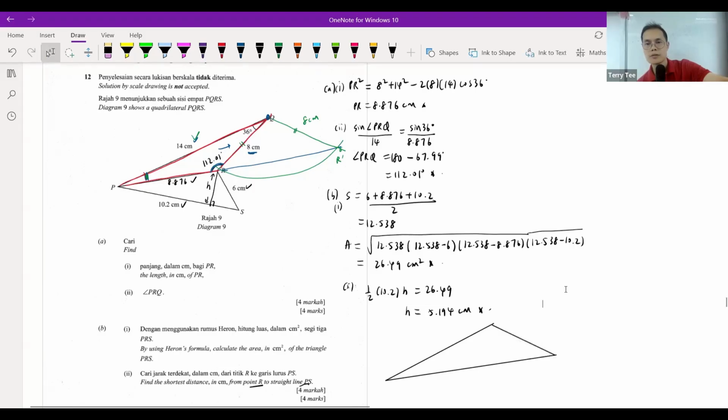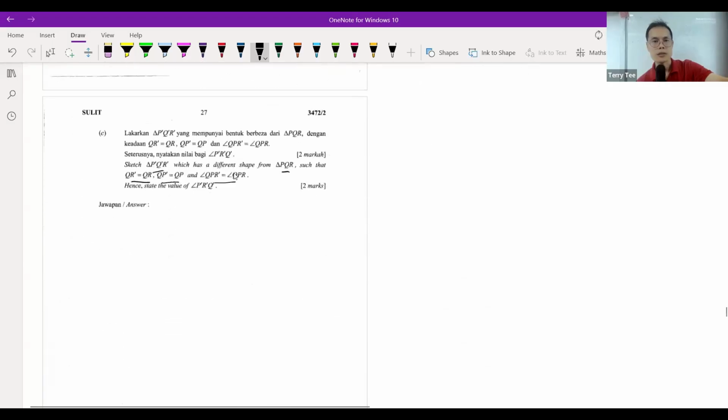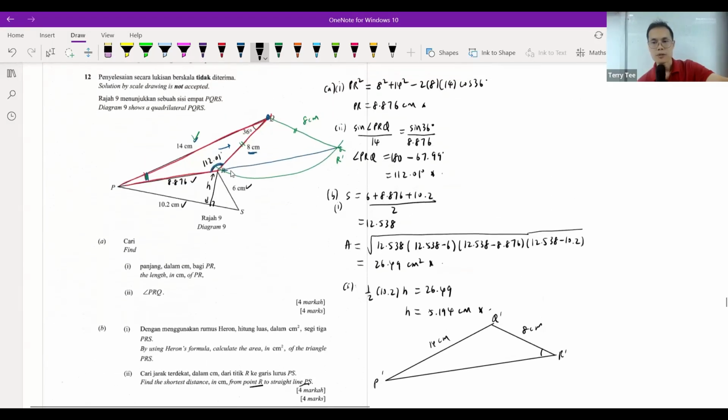All right, this is your triangle. So this is P, Q, R, all with the prime, right? So this is still 8, this is still 14, and you're supposed to do one more thing. You're supposed to state angle PR prime Q, which is the angle over here.